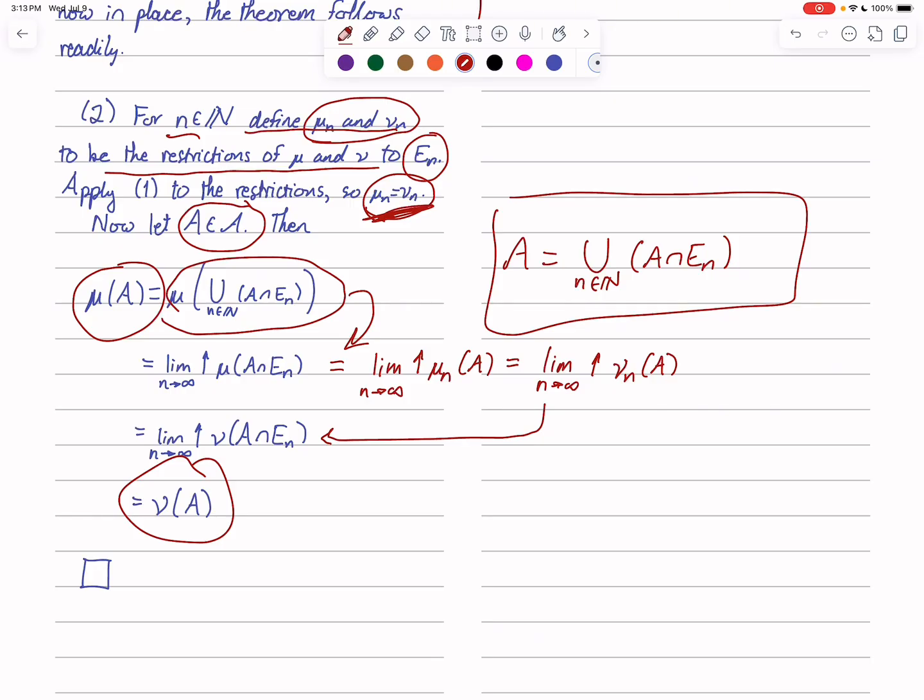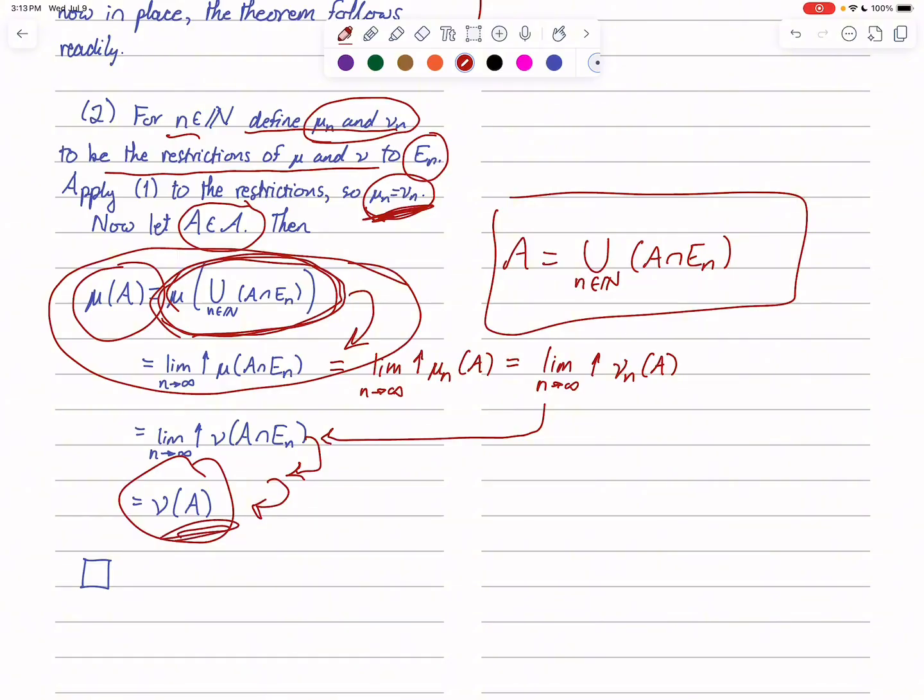I'm skipping a step for nu, but the next thing to do would be to talk about the nu of the union, and that is the same thing as nu of A. So just running things backwards the same way that I ran these parts forwards gets you to this final result, that you get nu of A.